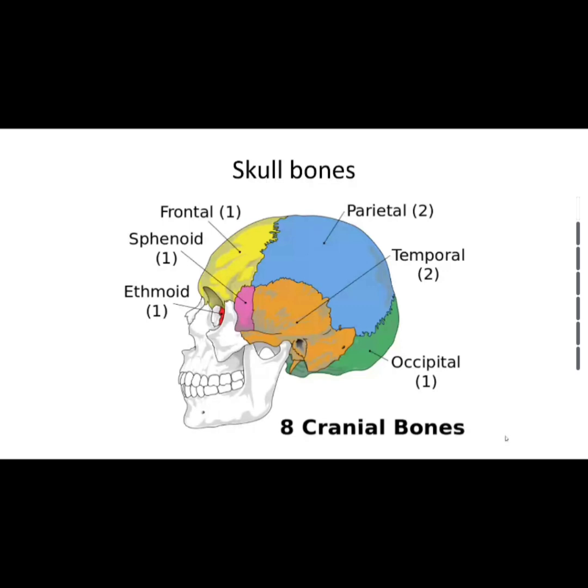Of course, we have many small bones on the face, around the orbit and so on. We have bones that form the nasal cavity there. And of course, for a child, you know that there are what we call fontanelles. Between the frontal bone and the parietal bone, we have the anterior fontanelle.